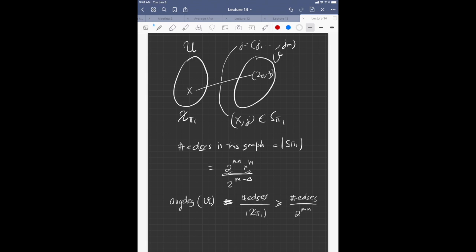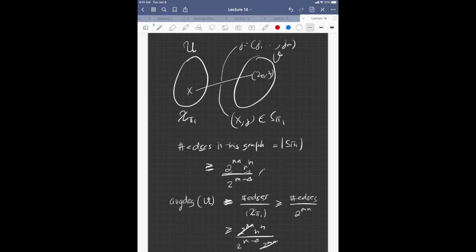Okay, and we know that the number of edges is at least this much. So this says that we retain at least this fraction of edges. Maybe we retain more, but we know that it's at least this much. So again, we get that this is at least n to the m divided by 2 to the m minus delta times 2 to the mn.